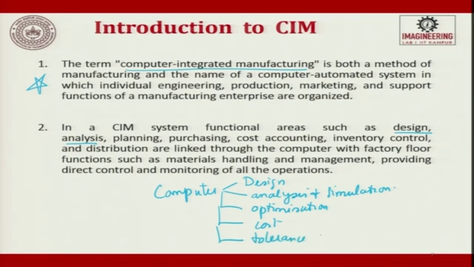You see, so many things can be done, right. So, functional areas such as design, analysis, planning, purchasing, cost accounting, inventory control and distribution are linked through the computer with factory floor functions such as material handling and management.